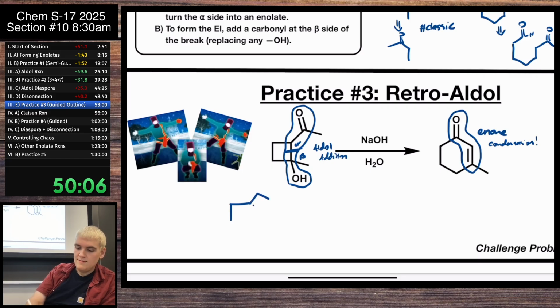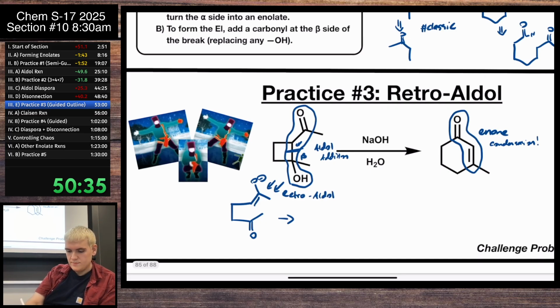On the alpha side, we have an enolate, and then on the beta side, we have a carbonyl. Well, let's go back one step further even. So here we did the retro aldol. Let's get it all the way to the carbonyl version.